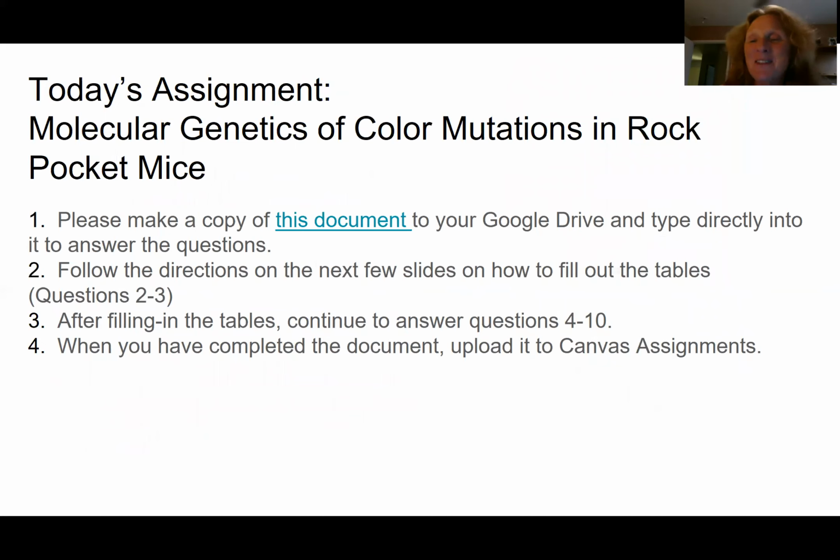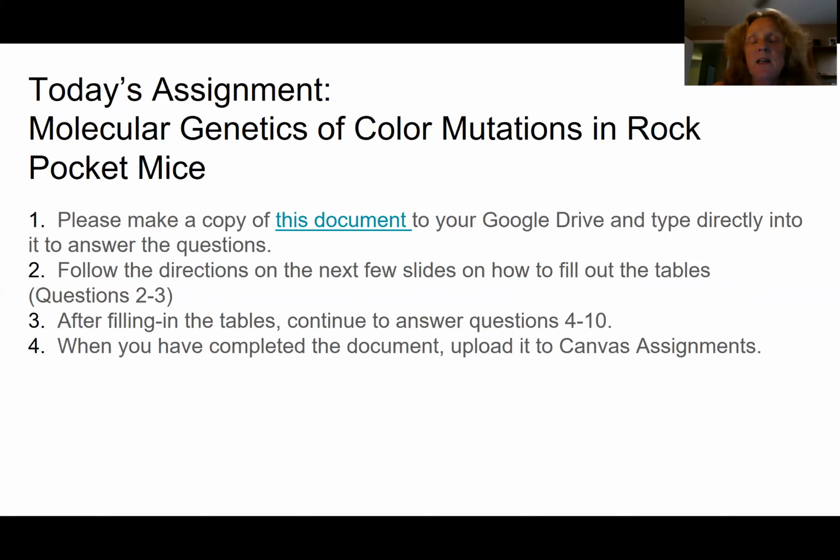Okay, so what are we doing today? All right, so the overall assignment, you're gonna see this next 6 slides pretty much, are all having to do with the molecular genetics of the color mutations of the rock pocket mice. You're gonna get more specific now. You're getting all the way down to the nitrogen bases. Okay, so now you're gonna get down to those bases to find out what's going on. First of all, make a copy of the document. I'm not too sure that this one's gonna come up or not, but the one that's on Canvas that I've already given to you, it should be accessible.